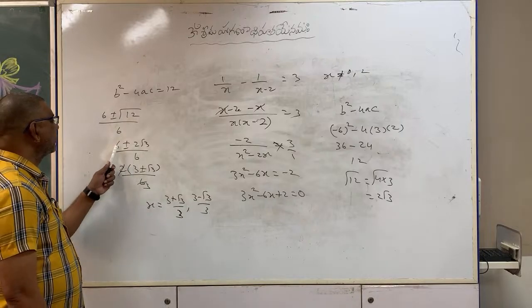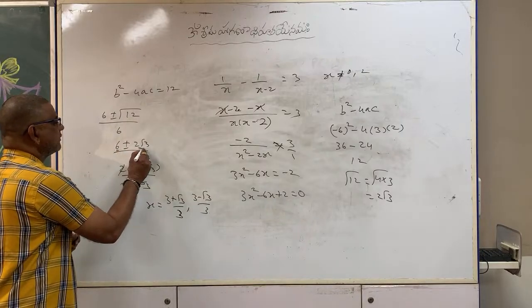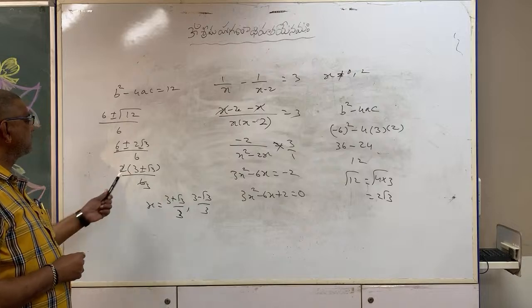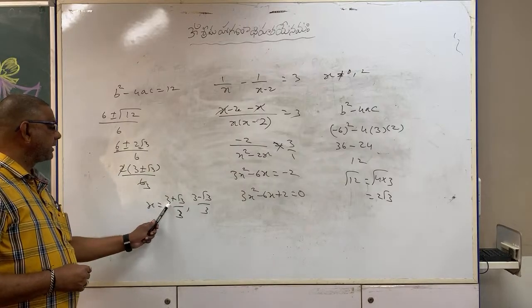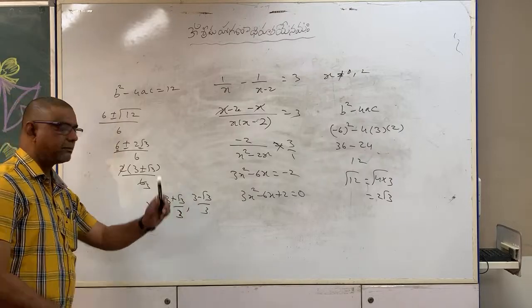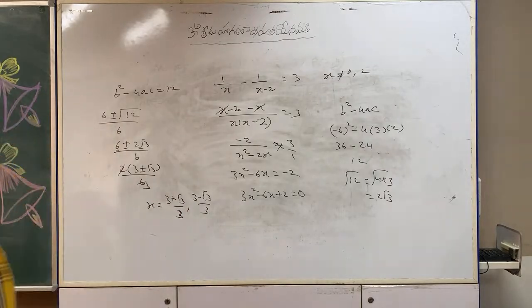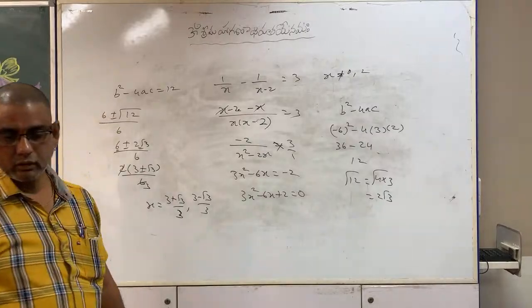We can take 2 common from this one and this one. 3 plus or minus root 3 by 3. 3 plus root 3 by 3 and 3 minus root 3 by 3 are the zeros of the given quadratic equation. Understand, children? Okay, next question.